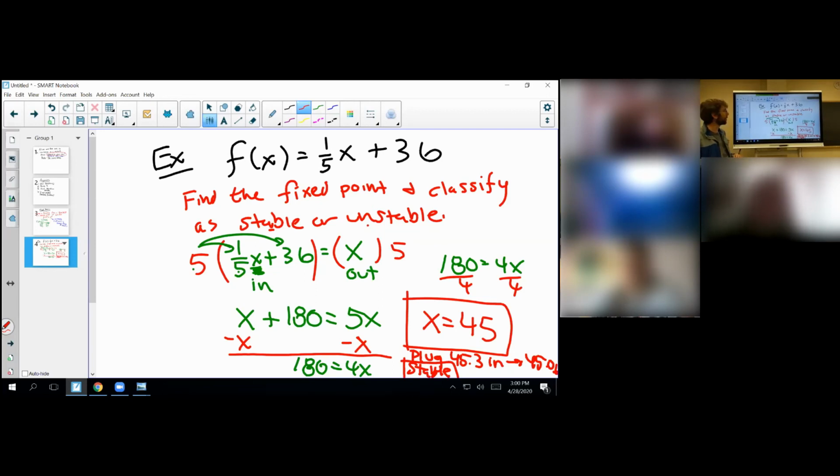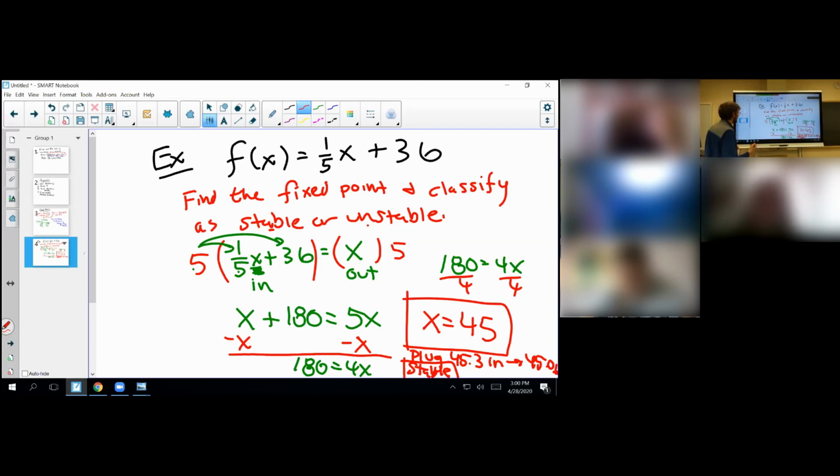The rounding also helps. I didn't talk about the rounding here, but it can help it converge to 45. On the other hand, if it was an unstable fixed point, you wouldn't end up with 45. You'd end up somewhere else, or you might go to infinity, or it might do something else. But yeah, so stable fixed points are kind of nice that way.